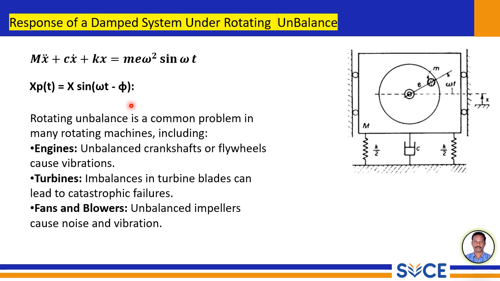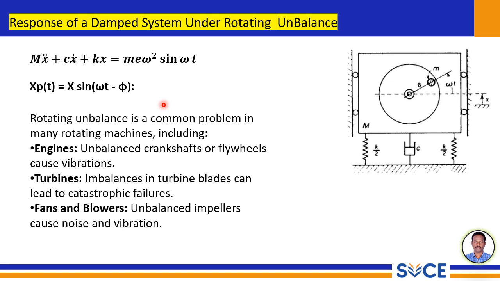Also, we can calculate the amplitude X using this equation. It again depends upon mass, eccentricity, rotation speed, and the machine's mass, stiffness, and damping. Phase angle indicates how much the machine vibration lags behind the rotation of the unbalanced mass.